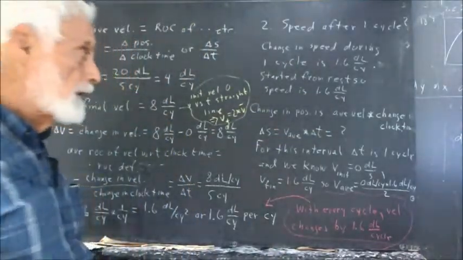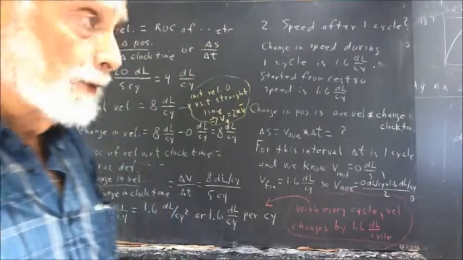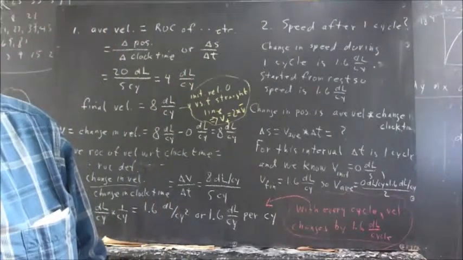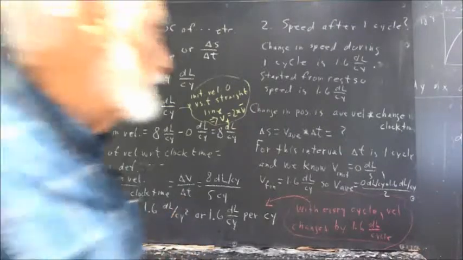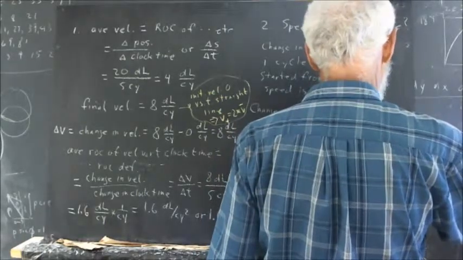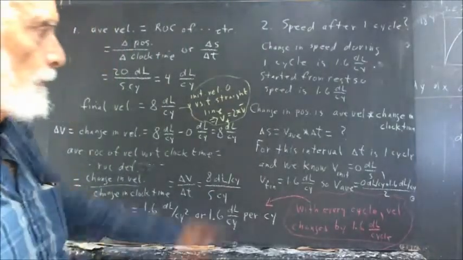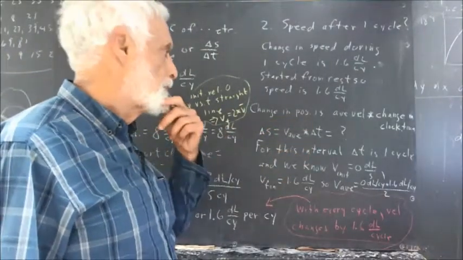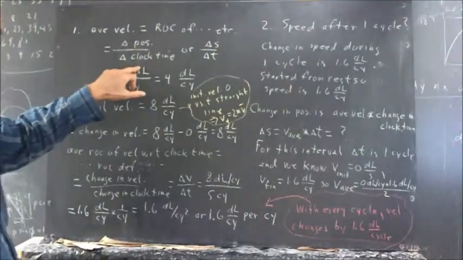Okay? Now, how do we get the change in its position? Because what we're asked next is to find through how many nominal lengths it will have rolled by the end of that first cycle. Well, change in position is equal to the average velocity multiplied by the change in clock time.